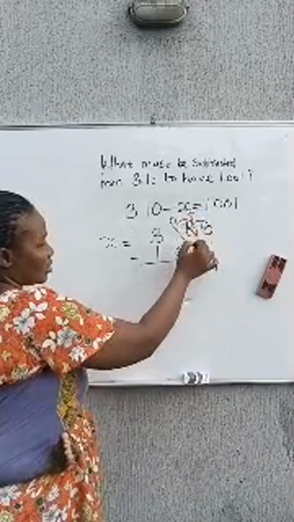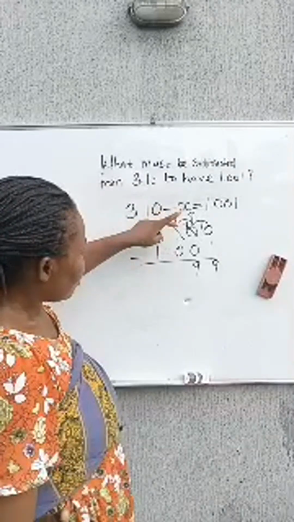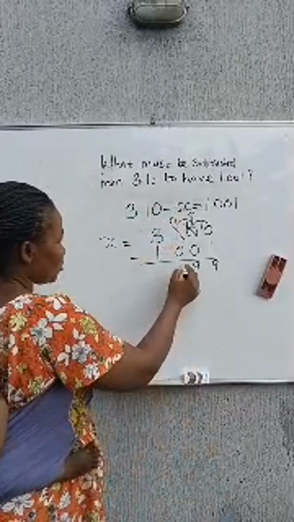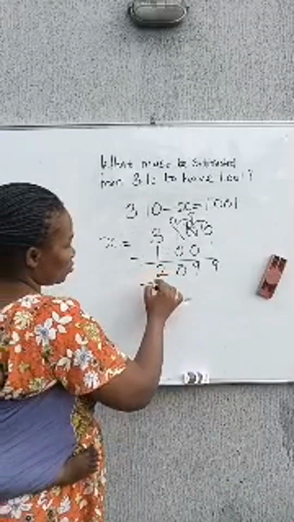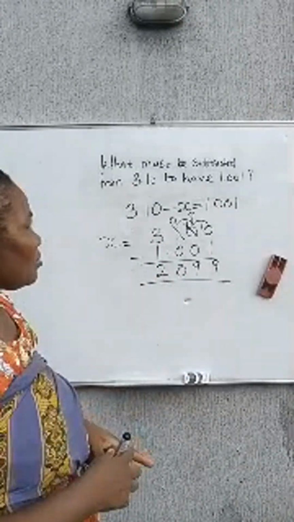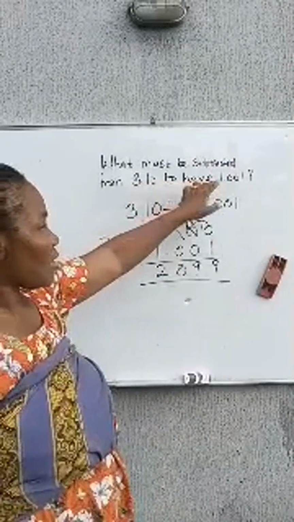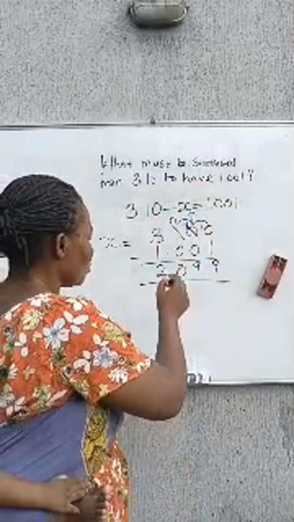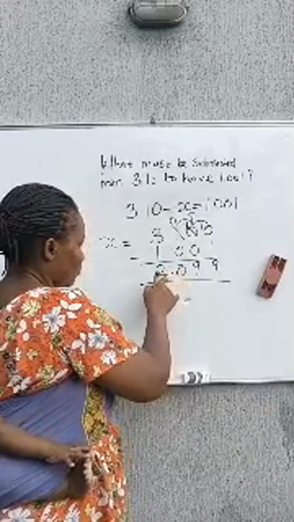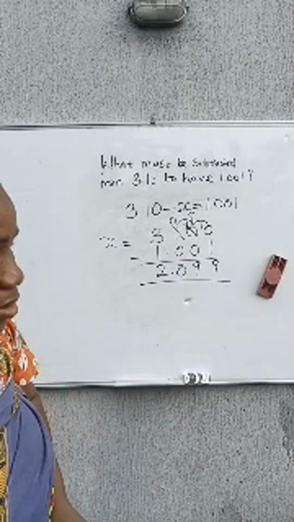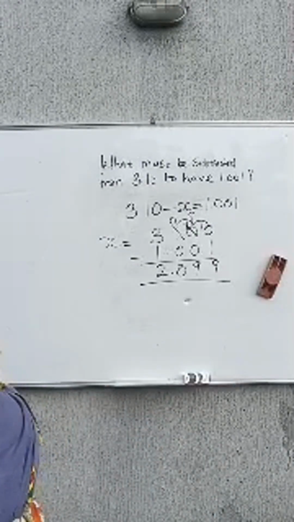So this is 9, 9 minus 0 is 9, 0 minus 0 is 0, 3 minus 1 is 2. So the value that must be subtracted from this to have this is 2.099.